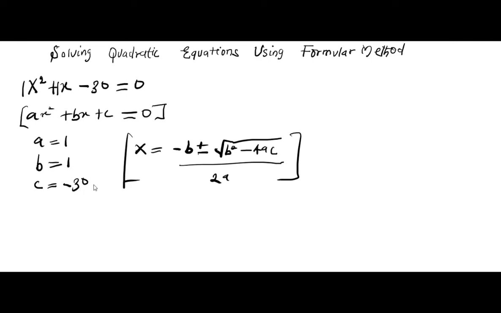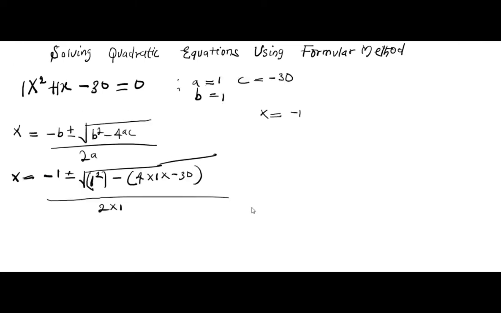So what we are going to do next is to substitute the values of these variables. So wherever we have a, we substitute 1 into it, and whenever we have b, we substitute 1 again, and wherever we have c, we have negative 30. So let's continue here.